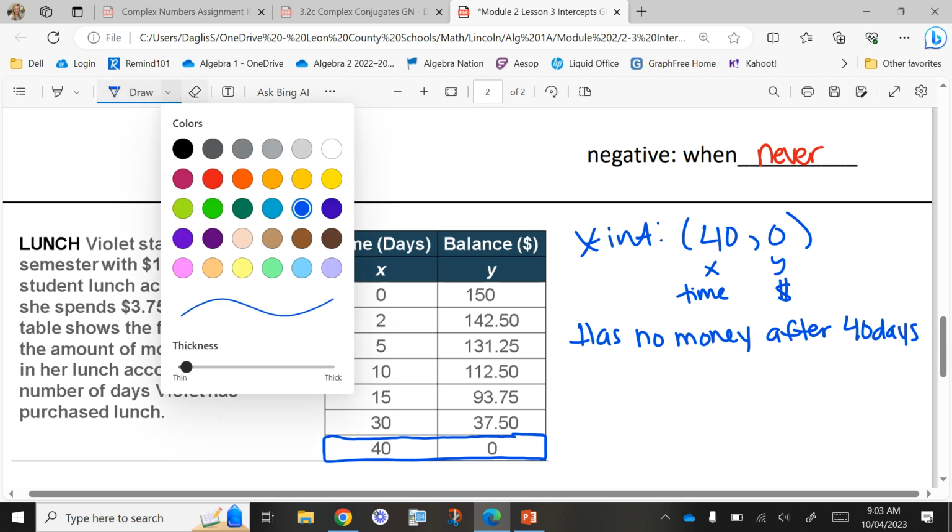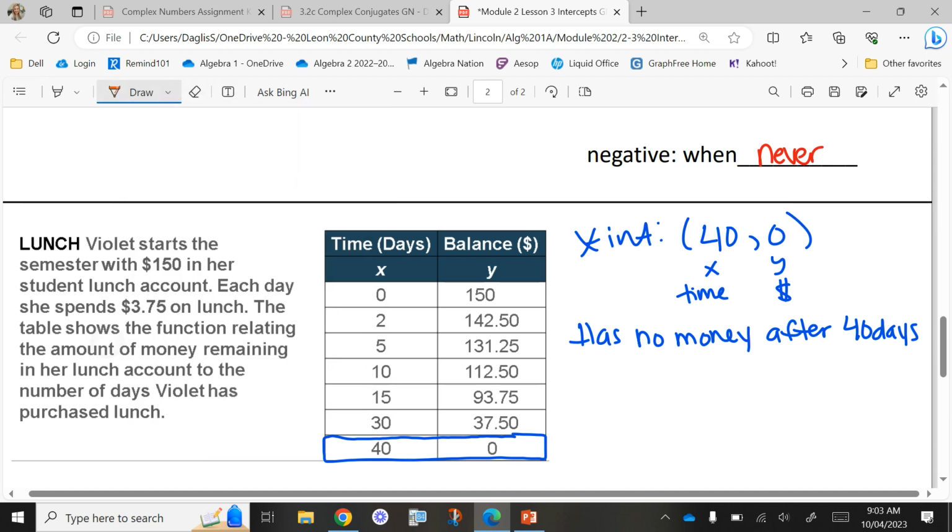All right, how about my y-intercepts? So remember, y-intercepts are when our x is 0. So where is that happening? 0 and the 150. Good. Again, the x is time.